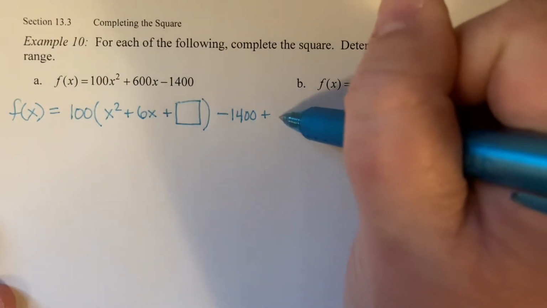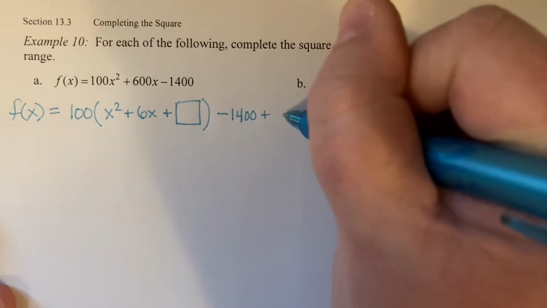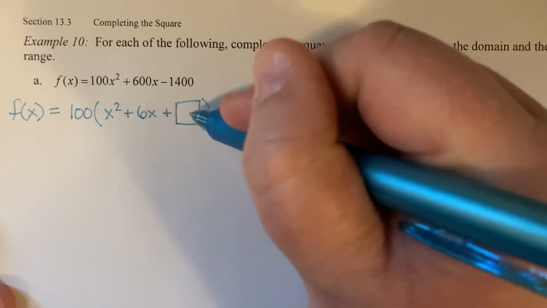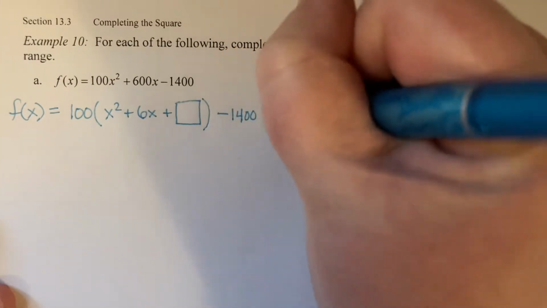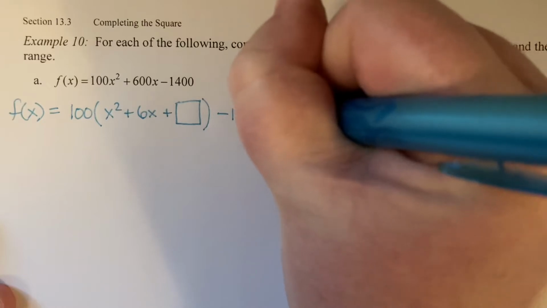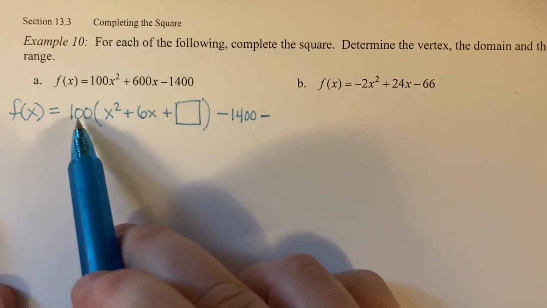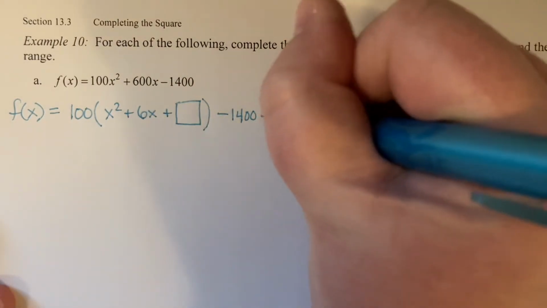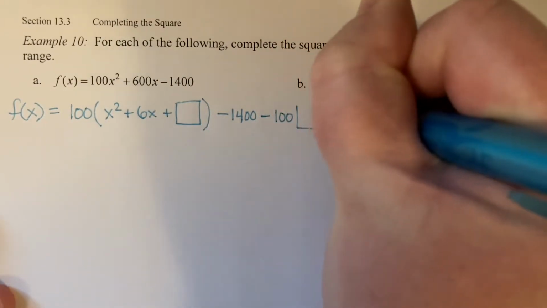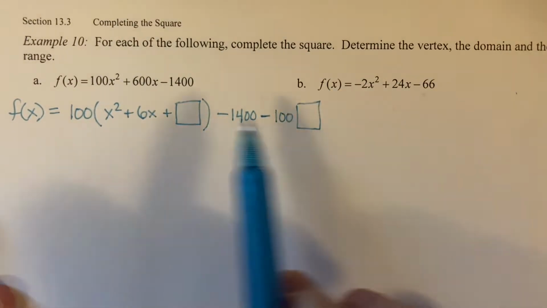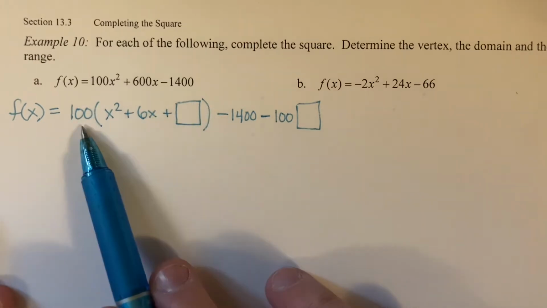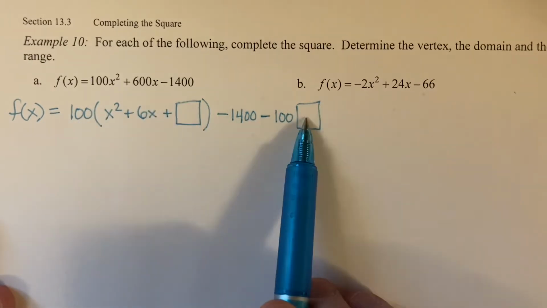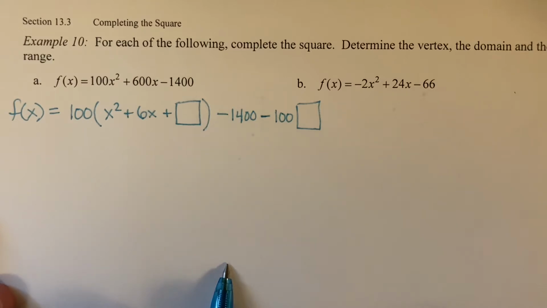Now here, we are going to have to subtract. We add something to complete the square, so I shouldn't put a plus there. I know it's going to be a subtraction, but what I'm going to end up subtracting is 100 times whatever's in this box. So I'm going to put 100 box there. All right, so I'm adding something here, and then I need to subtract 100 times whatever that something is.